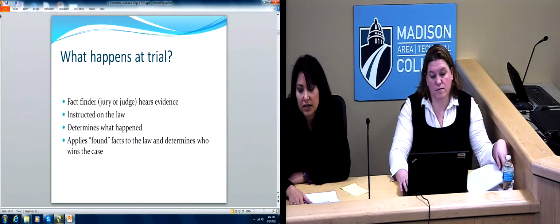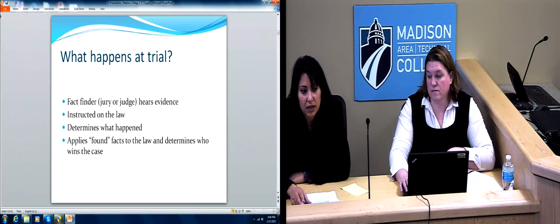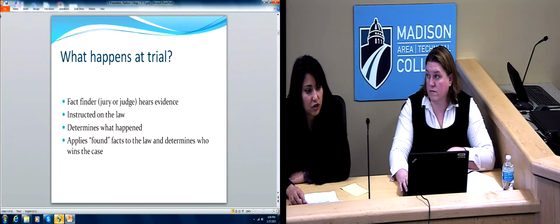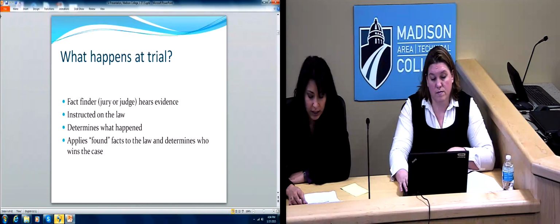To really understand summary judgment, I think it's important to understand what happens at trial. So we're going to jump ahead a little bit. At trial, the fact finder, which is a jury or a judge, hears evidence. The jury is instructed on the law.